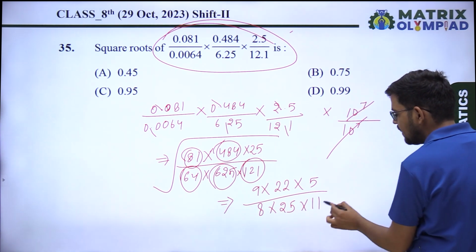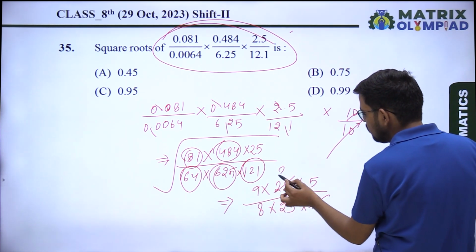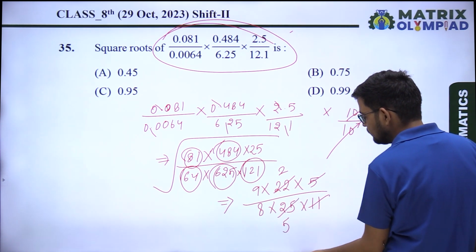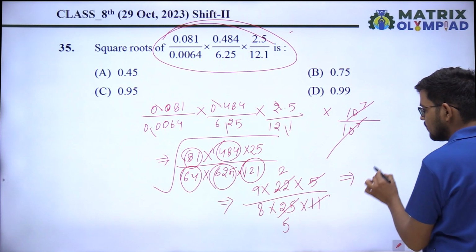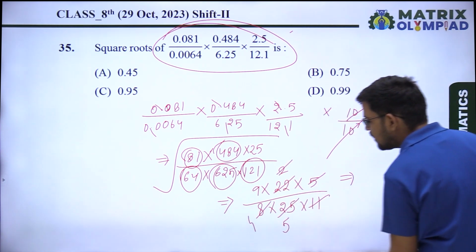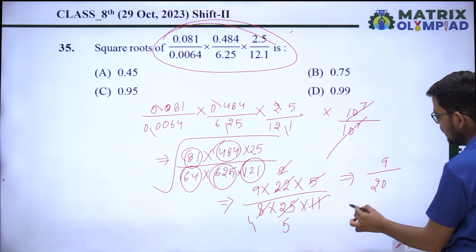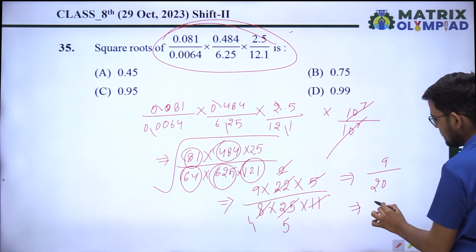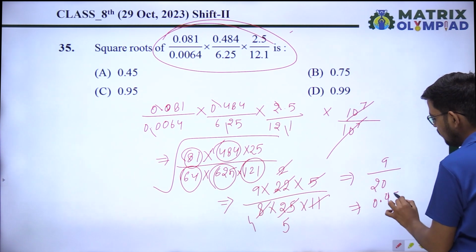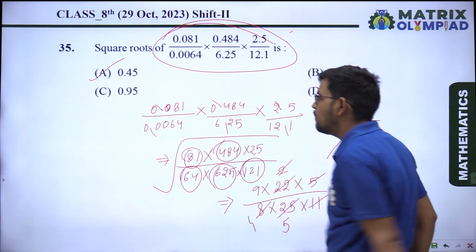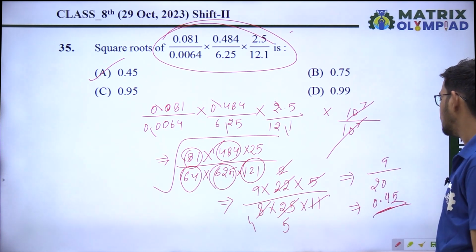Now try to simplify it. 11 and 22, 2 times, 5 times, that is 4 times. So 9 upon 4 into 5 is 20, that is 0.45. So our answer is option A, 0.45 is the correct answer.